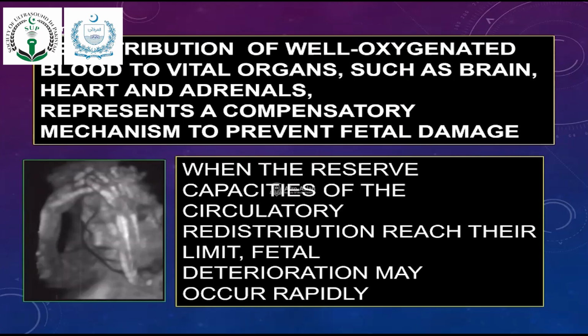When the reserve capacities of the circulatory redistribution reach their limit, fetal deterioration may occur rapidly. So there is a limit of redistribution. If the damage crosses that limit, then the deterioration of the fetus occurs rapidly.